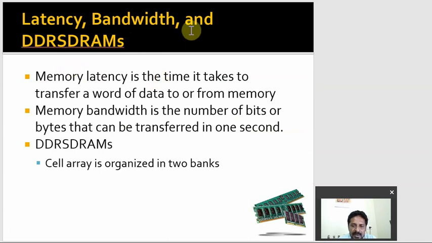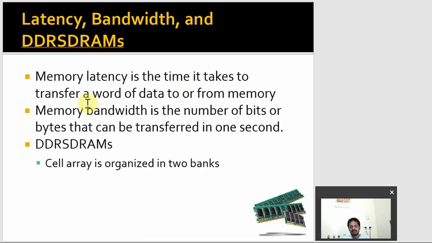So the latency and bandwidth of DDR or SDR RAMs. Memory latency is the time it takes to transfer a word of data to or from memory. See, the latency is the time it takes to transfer a word of data either to memory or from memory, and that is called latency.